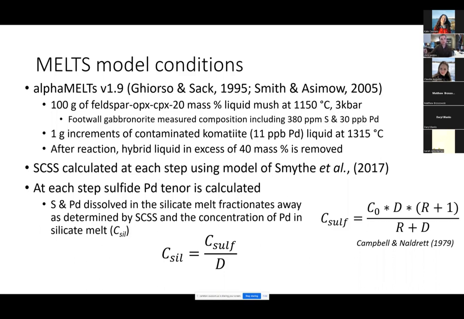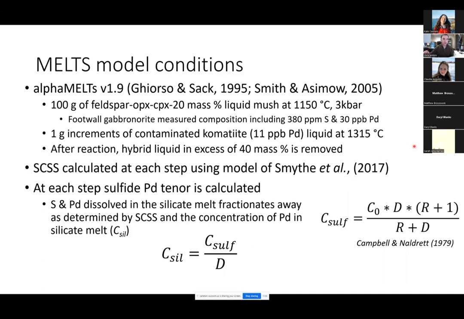So from those constraints, we were able to build our MELTS model. So we started with 100 grams of a gabbronorite mush, so it's a feldspar, PX, CPX, and liquid mush at 1150 degrees C and 3 bar in the upper crust.